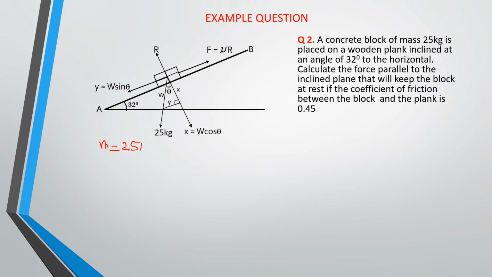You should be able to state them out. You are given mass to be 25 kg. Angle of inclination is equal to 32 degrees. Then the coefficient of friction is given to you to be 0.45.